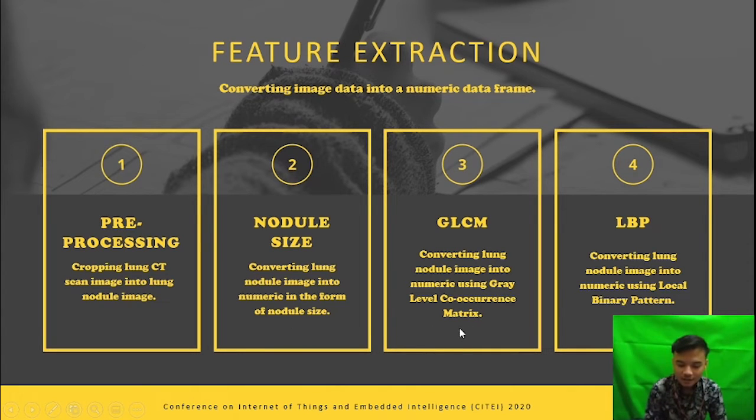And the third step is GLCM, or gray level co-occurrence matrix, converting the lung nodule image into numeric using the gray level co-occurrence matrix. And LBP is converting the lung nodule image into numeric using local binary pattern.